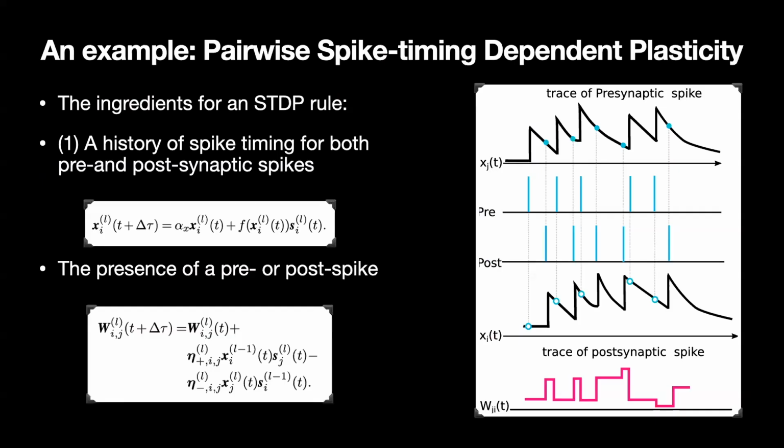Okay. So let's look at the equation on the left at the top. You have some variable x sub i, superscripted by l. We're just going to call this the trace of neuron i in layer l. So think of a single neuron.